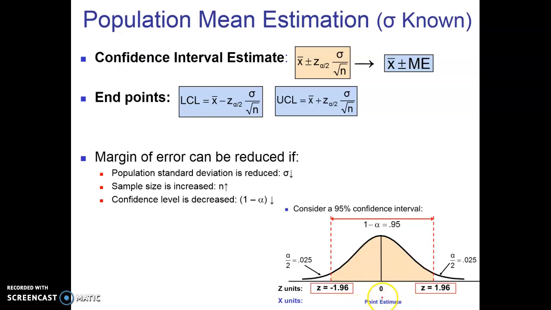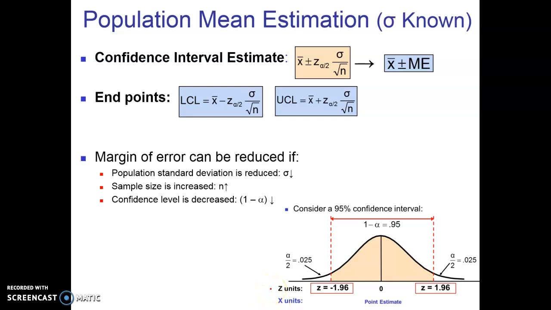You'd have the mean of the sample means here, and you'd have sample means that are really high and sample means that are really low. But you would be illustrating them in x units, the actual data itself. With all of these data sets, height, weight, intelligence, or sample means, we can standardize the data by converting it into z units.